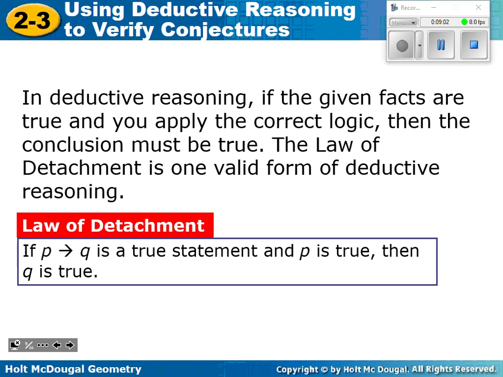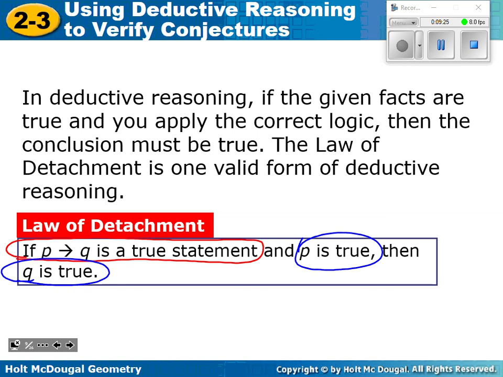The law of detachment says if P implies Q is a true statement, so if they give you an if-then statement, and it is true, and then you find out that P actually happens, so your hypothesis occurs, then you can conclude that Q is true.